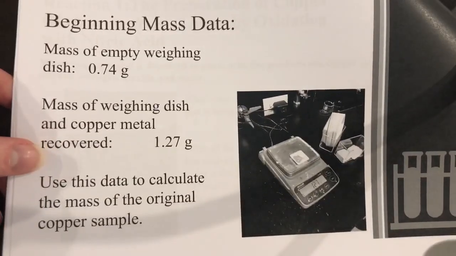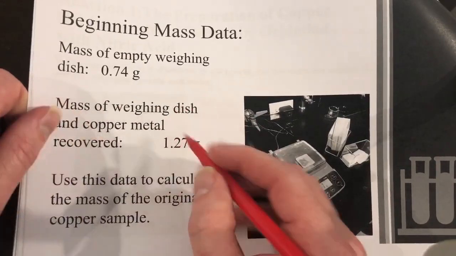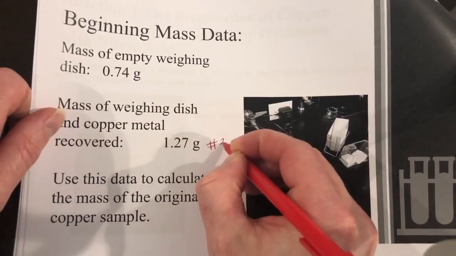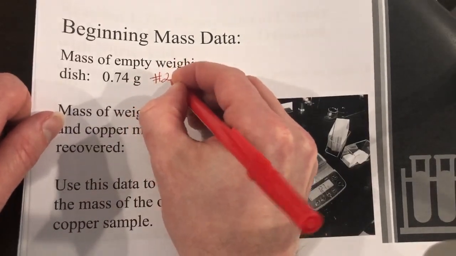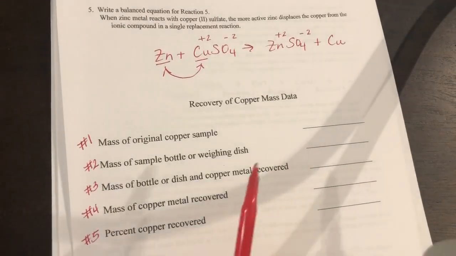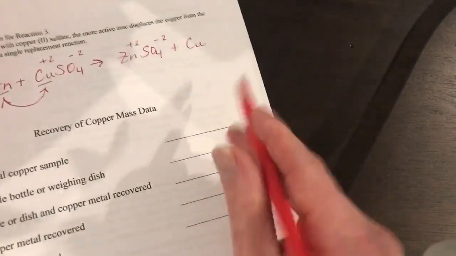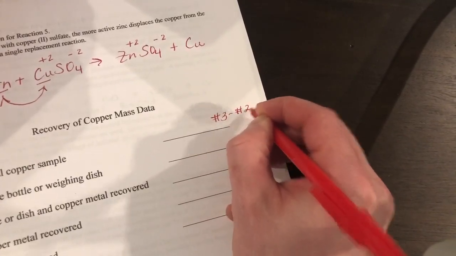Keep flipping. Okay, so this data right here is going to be your number 3. The 0.74 is going to be your number 2. So to get number 1, you're going to subtract number 3 minus number 2.